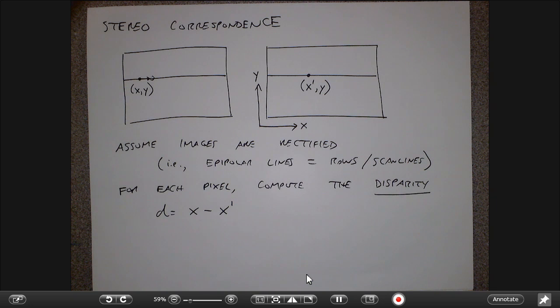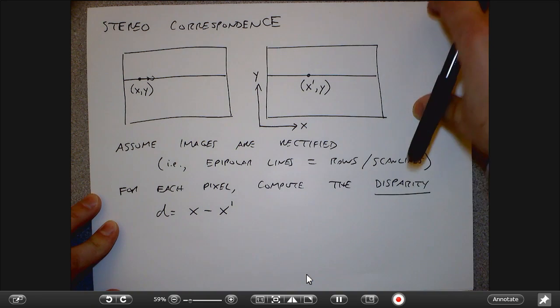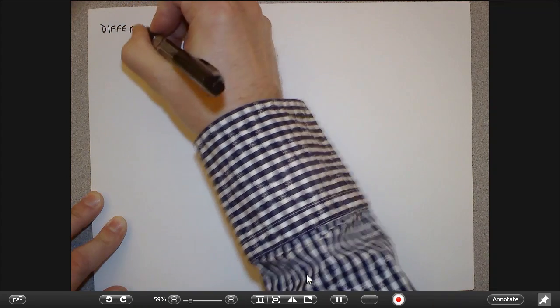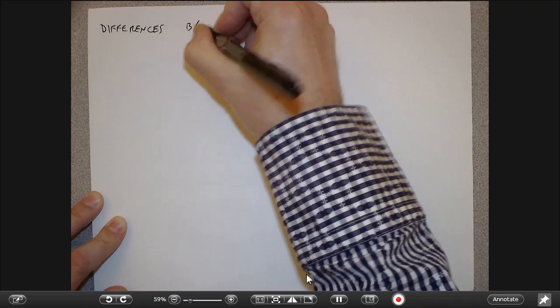It's been shown that generally, in cases where you can do either one, stereo algorithms perform a lot better than optical flow algorithms. Let me talk about a couple of the reasons why that's true. So, the differences between stereo and optical flow.